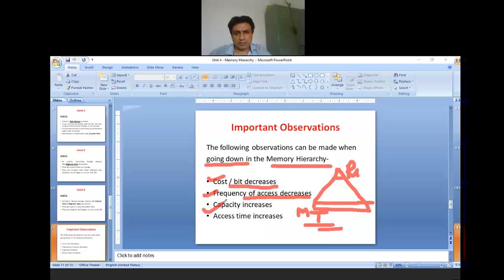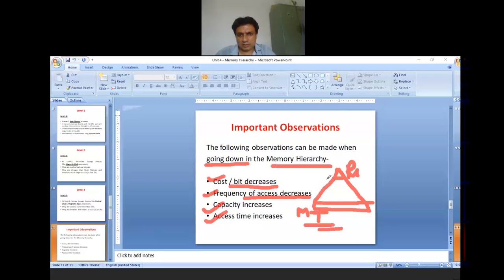The third is capacity increases. As we move from top to bottom, the capacity is highest at level 4 and smallest at level 0. So it increases from top to bottom. The last point is access time increases.